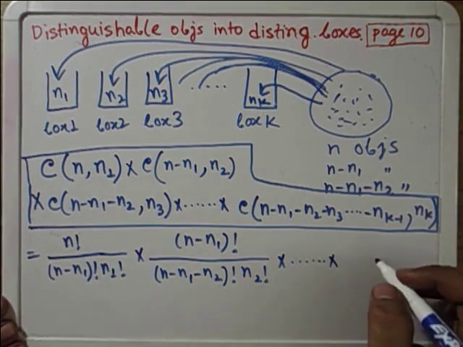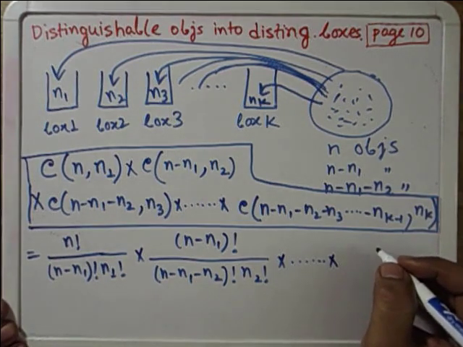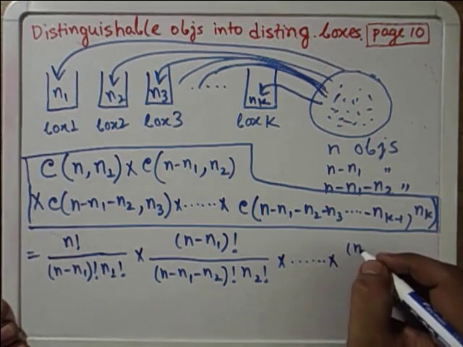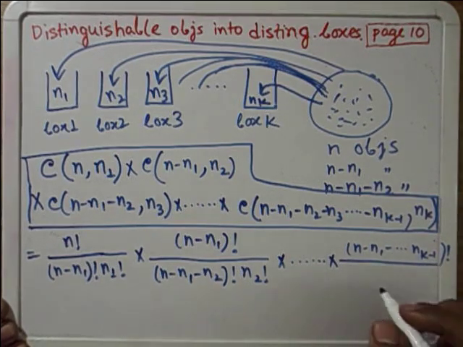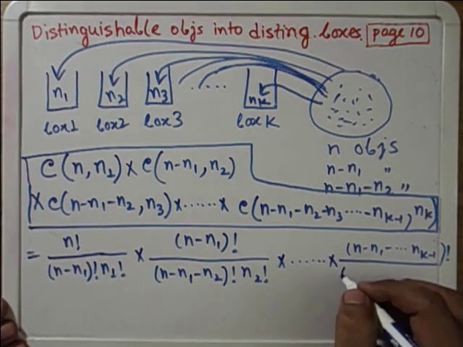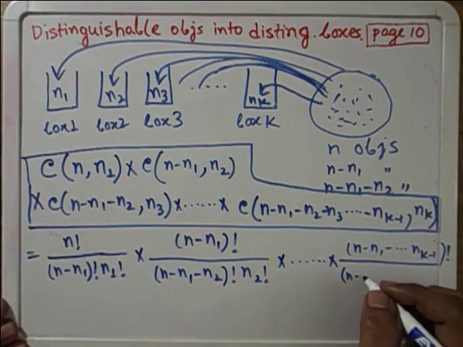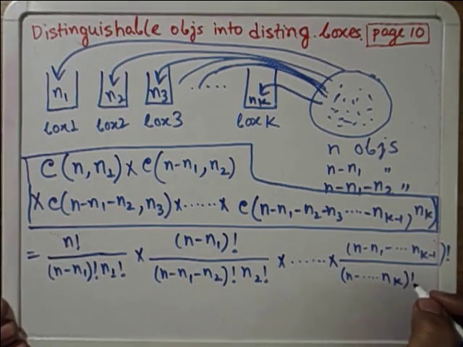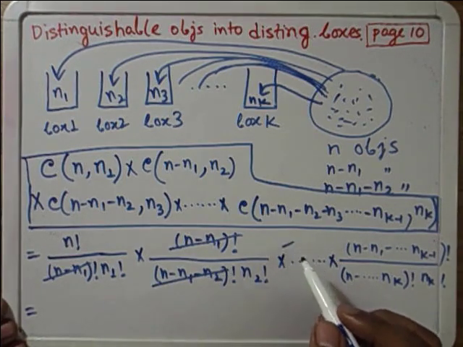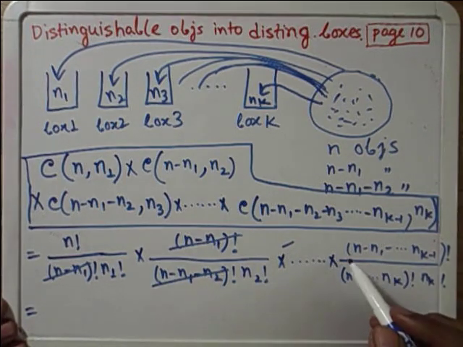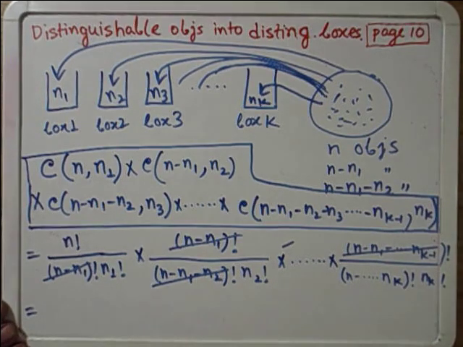Let's just do the last one. The last one will be n minus n1 minus dot dot dot up to this last one, factorial, over n minus up to nk factorial times nk factorial. And you'll see that all these cross off. This one will cross off with something here, and this will continue.